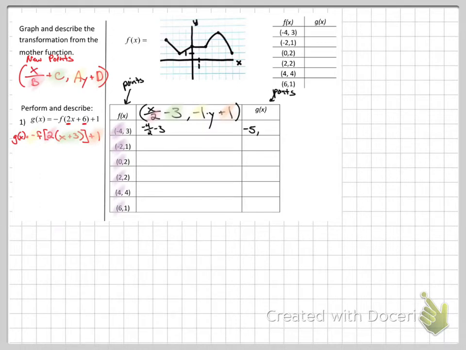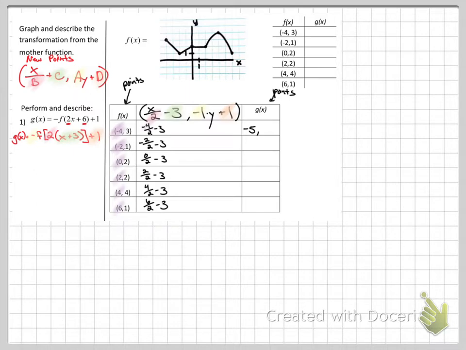That's the x value. I like to do all the x's and then come back and do all the y's. So now do the next x value. The next x is negative 2 divided by 2 minus 3. The next x, if I skip along, is 0 divided by 2 minus 3. The next x, 2 divided by 2 minus 3. I'm just taking each x value and doing that equation that we came up with to it.